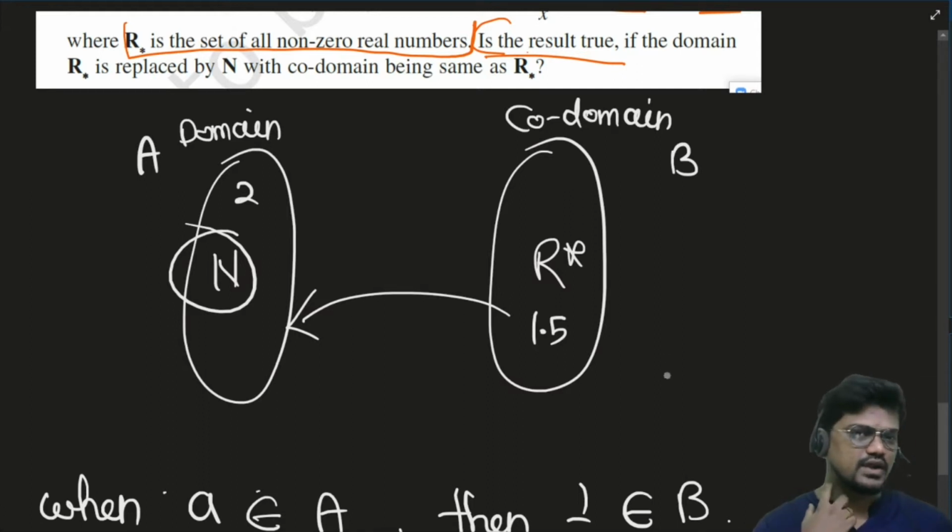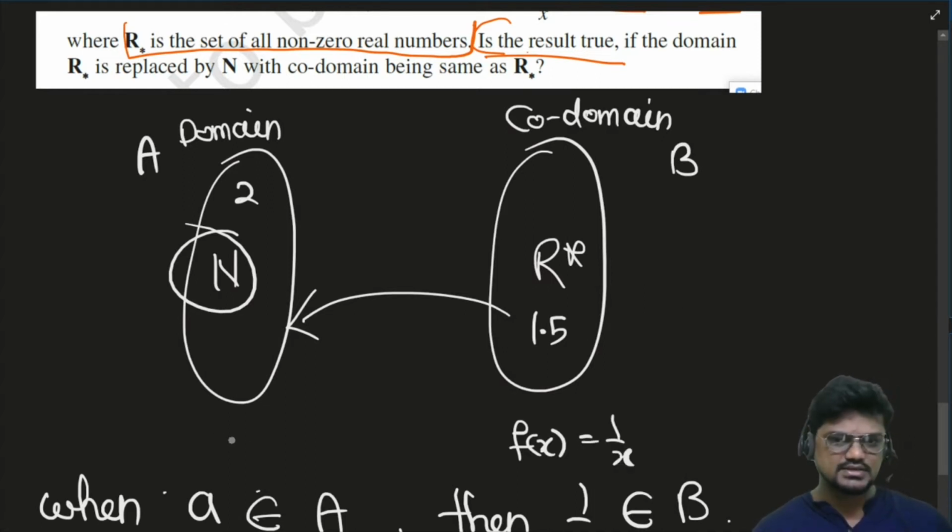See, the relation is 1 upon y. Over here your f of x is 1 upon x, and x is this. If f of x is 1 upon 5, what will be the value of x? Will that be a natural number? Yes or no? It won't be a natural number.